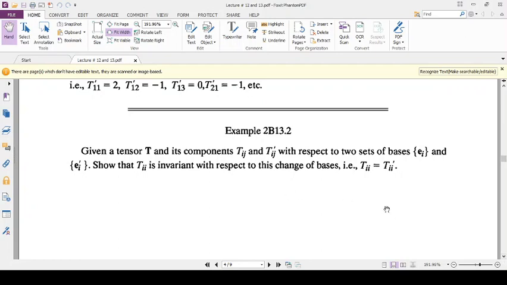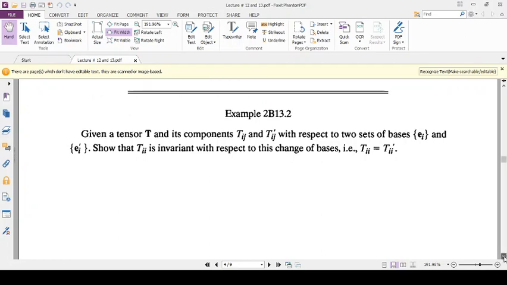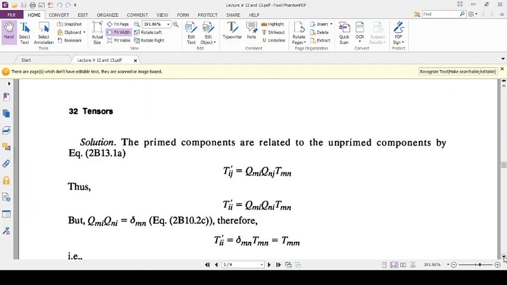We have to show simply that Tii dash equals Tii. That is, if you add the diagonal components of T before transformation and after transformation, then the sum will remain the same. This is what we are saying in this example 2b13.2.